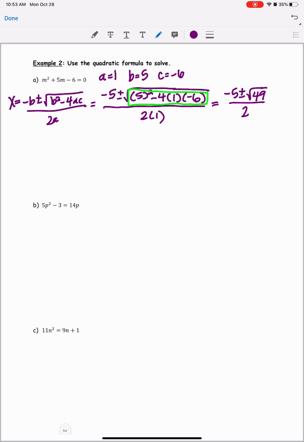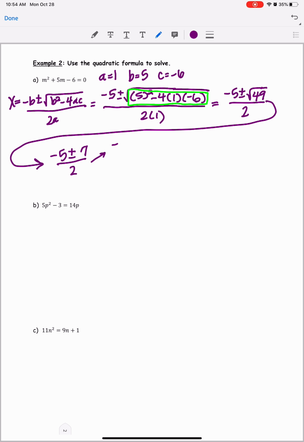Okay, now I'm out of room, so I'm going to come right here. So I get -b plus or minus the square root of 49, which is a perfect square. That's going to give me 7 all over 2. So now split this up into your 2 different answers.